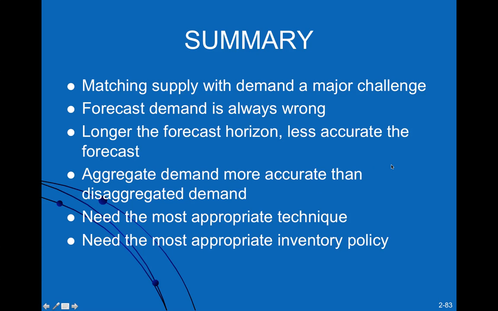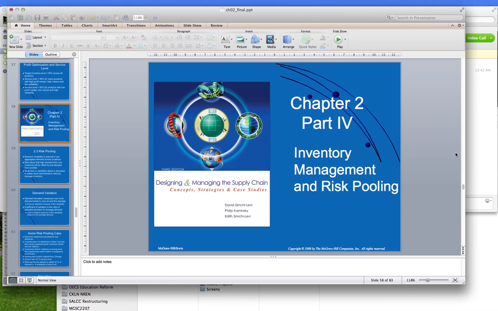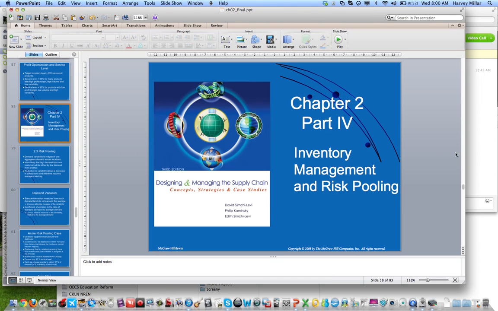All right, find the most appropriate technique, and of course you need the most appropriate inventory policy. Okay, so that brings us to the end of that segment on inventory management and risk pooling in the supply chain, and we hope that you found the video summary a useful addition to your chapter reading.